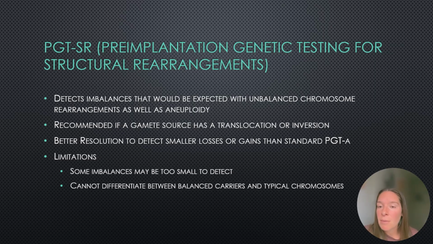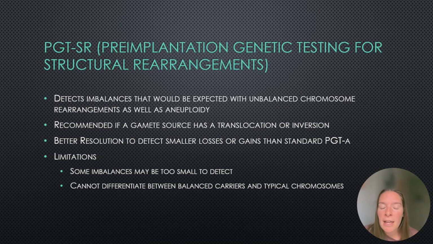So sometimes there's an imbalance, a rearrangement that's too small to be detected even with PGT-SR. So you can't necessarily utilize it for any rearrangement. And most labs are going to need to look at the karyotype of the impacted gamete source to confirm that their PGT-SR can indeed detect the imbalances.